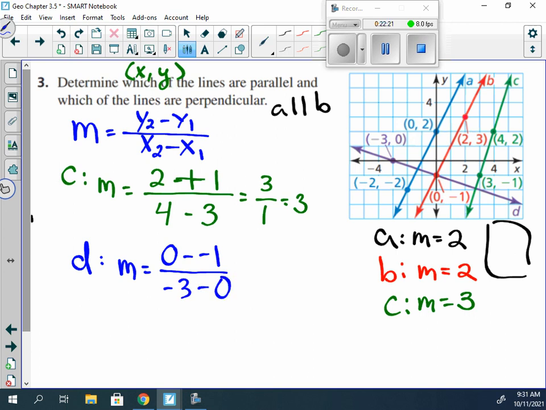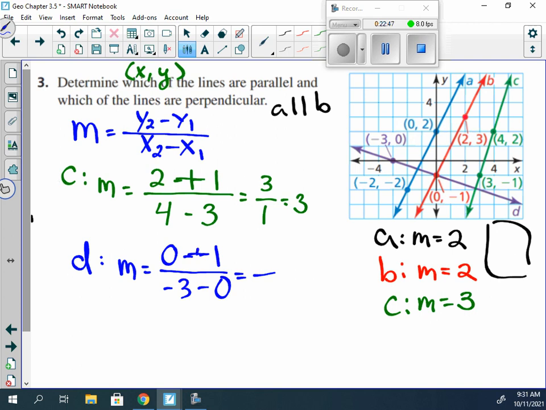Because they did give us a specific point, the (-3, 0), as one of the points on the line. But it did share a point with line B at (0, -1). So those are our 2 points. And again, we'll use the y value, so 0, -1 will go on top. And since we use 0 first, its x value, -3, has to go first on bottom.